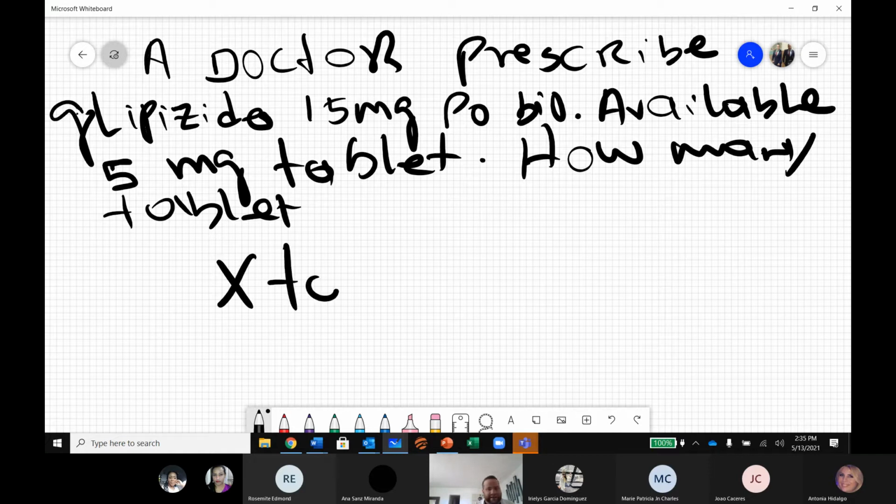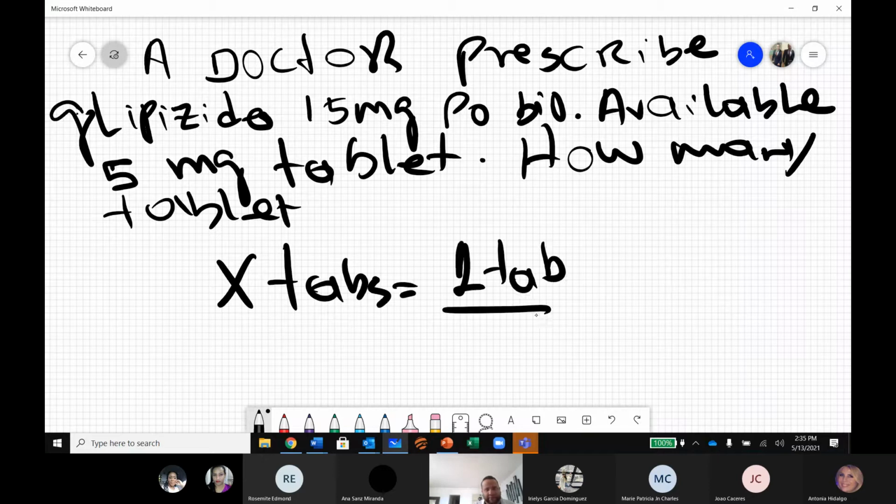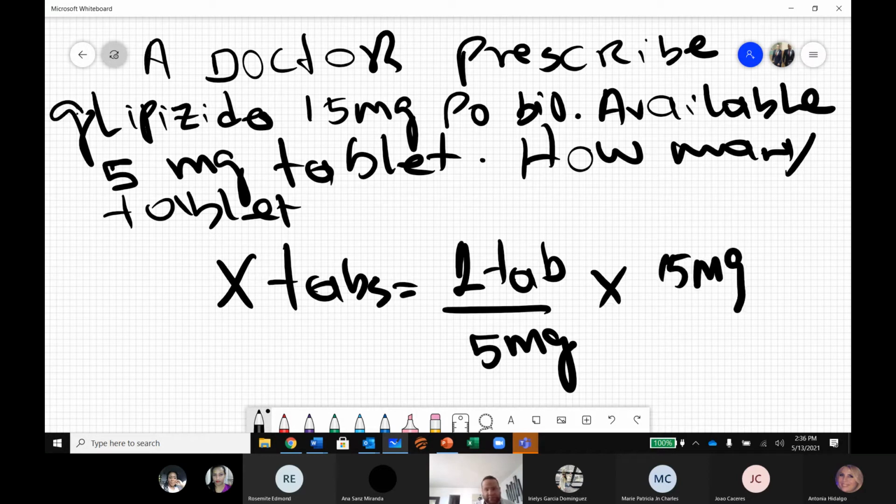X tabs equals 1 tab. 1 tab has just 5 milligrams, times 16 milligrams, and then this is finally 3 tabs. This is easy, right? Yes.